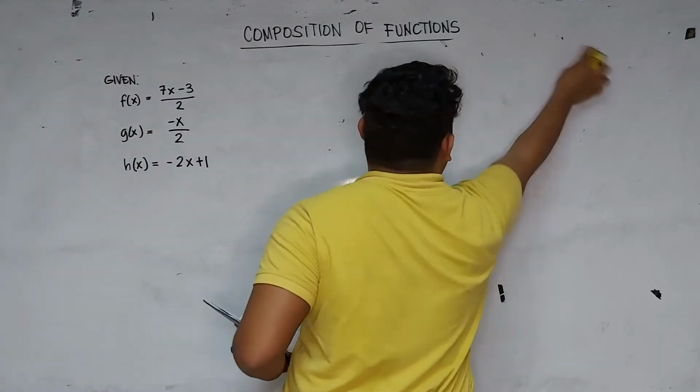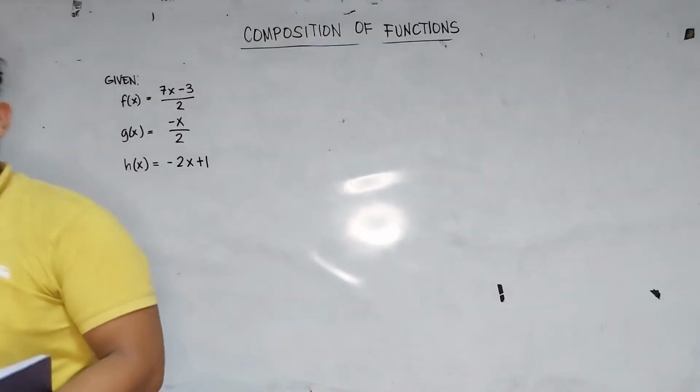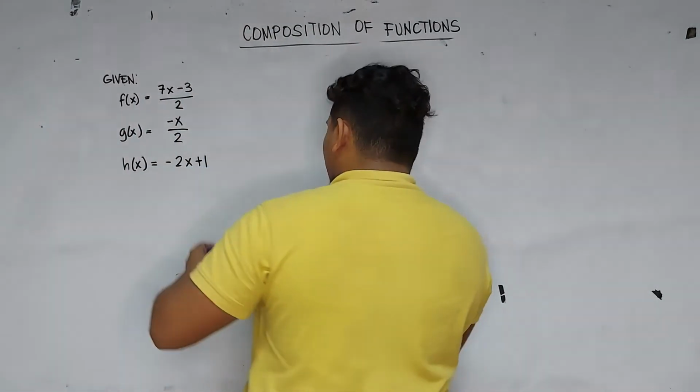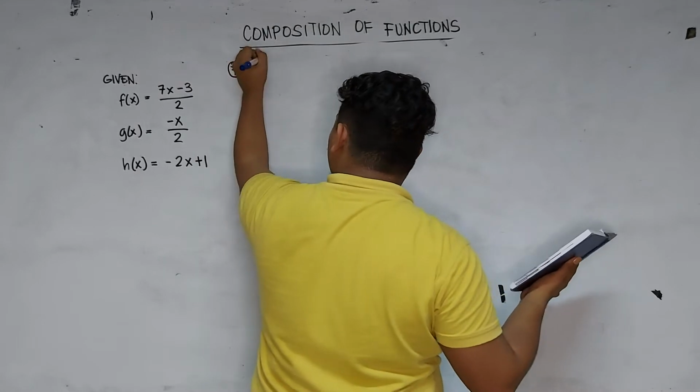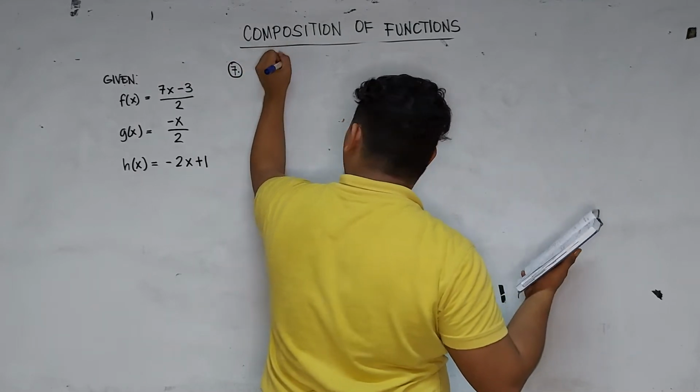Example number 7. Please take note, guys. We are now crossing the borderline between junior high school and senior high school. This is much higher math now.